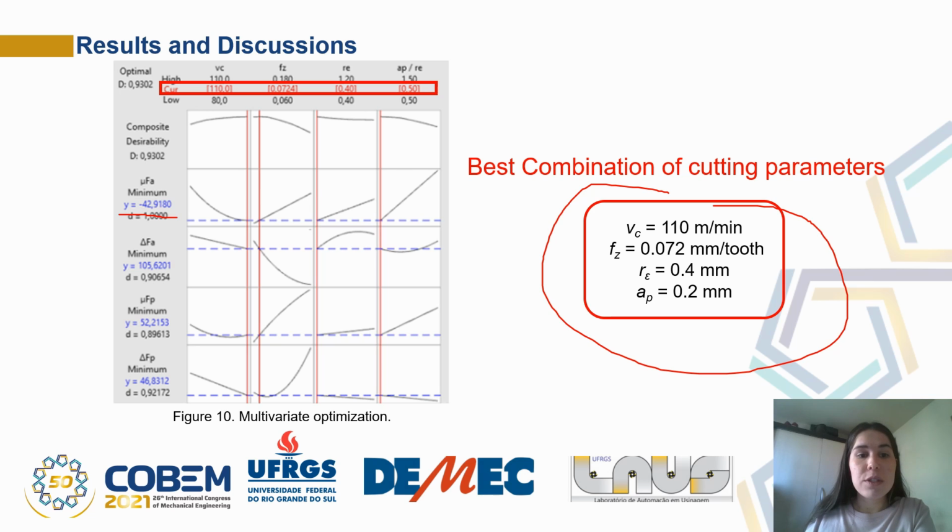The function d, composite desirability, indicates the desired value of the predicted data for the combination of variables. The code indicates the probability that they will be obtained. In this work, the value of d is 0.9306.